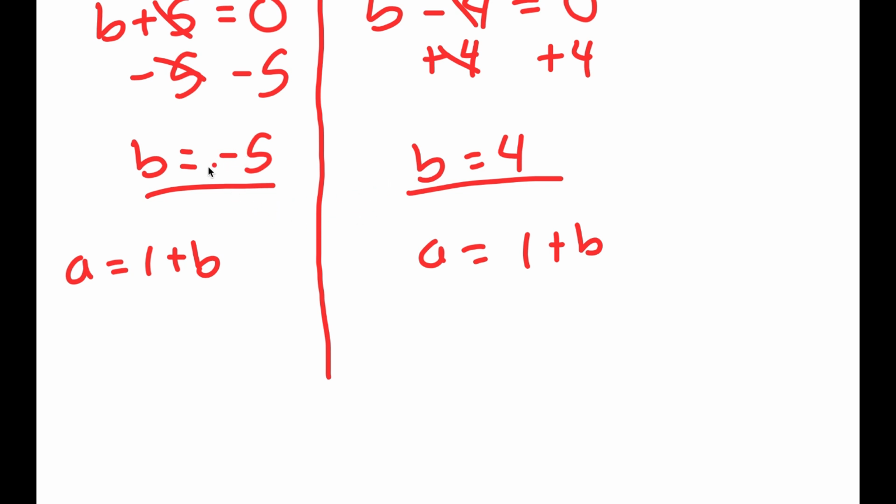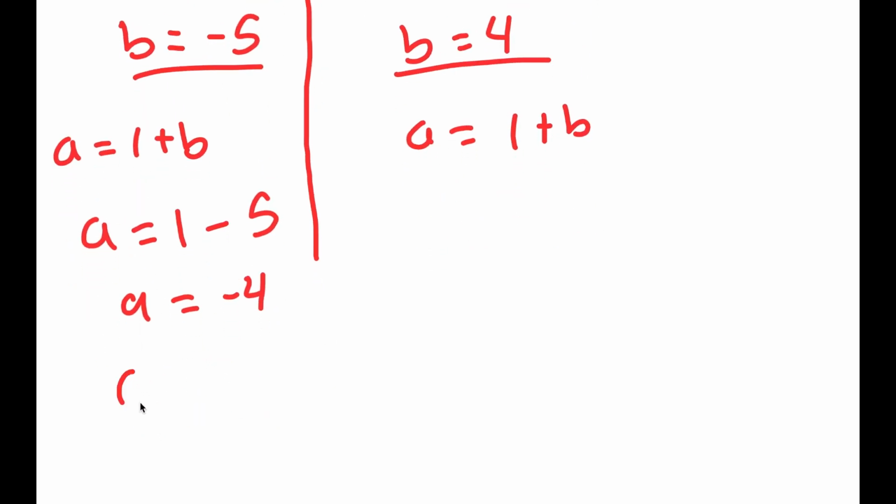So in this case, b is negative 5. So I get a is equal to 1 minus 5, meaning a equals negative 4. So a plus b would equal negative 5 plus negative 4, which is equal to negative 9.